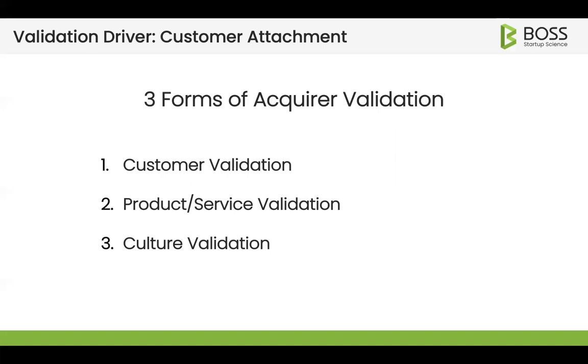Now, the reason I mentioned these 3 forms of acquirer validation is this is all tied directly to identifying the right ICP. If you identify the right ICP and it is the same as your potential acquirers, customer validation, you could cross that off. You've done that, right? Now, product and service validation. Do I know that my products and service can work together?